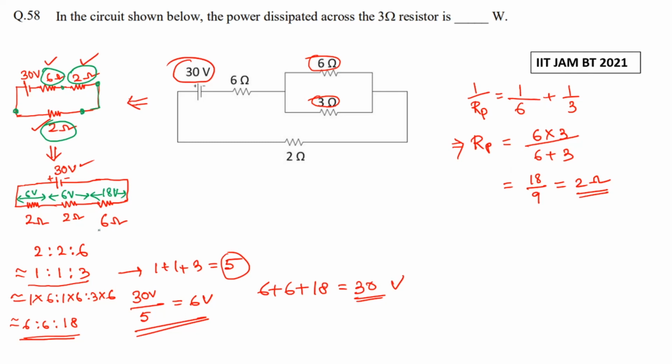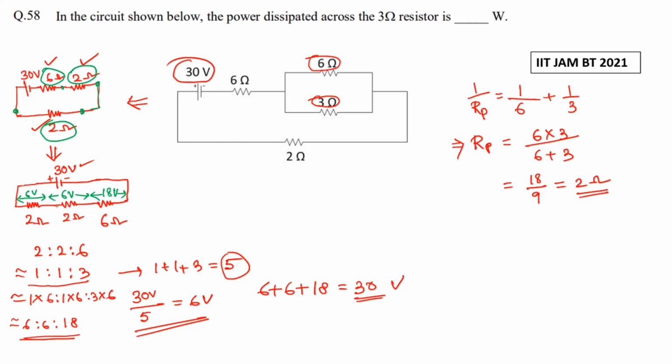If you add it up, it is 6 plus 6 plus 18, that is 30 volt. So this 30 volt battery is divided among the 3 resistors as 6 volt, 6 volt and 18 volt.